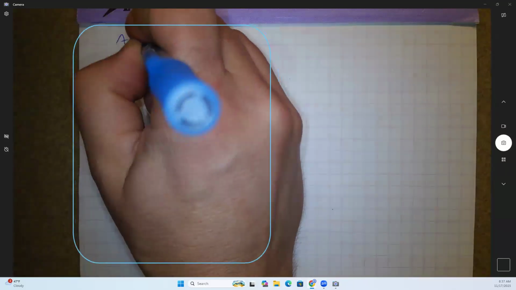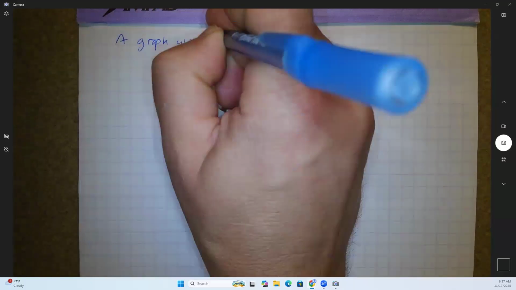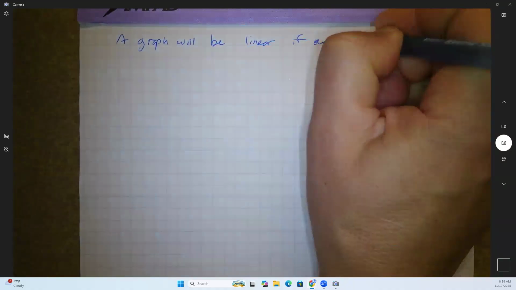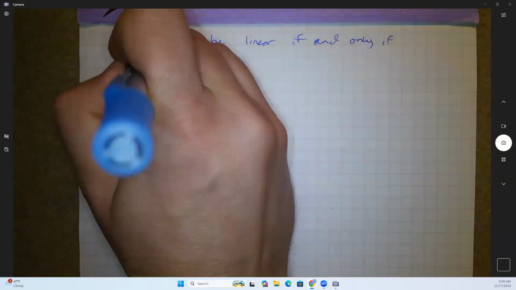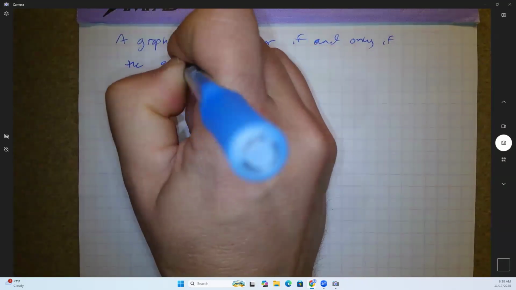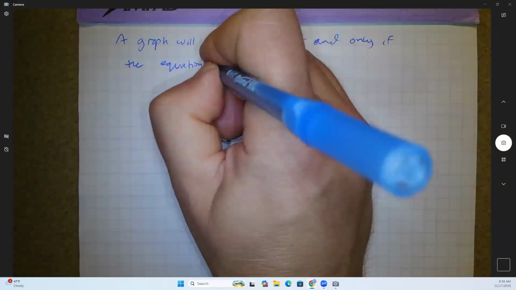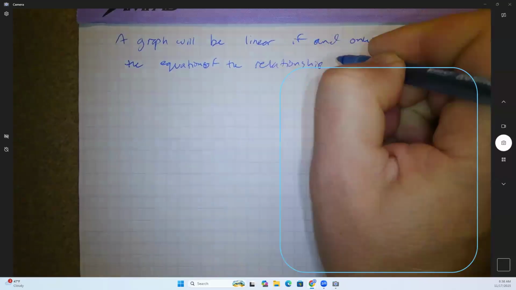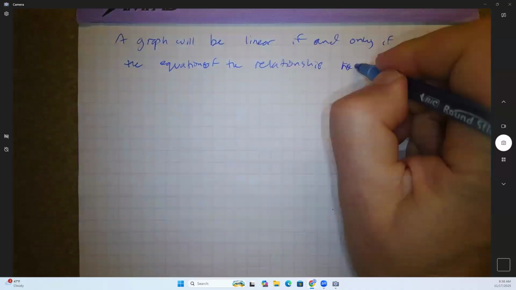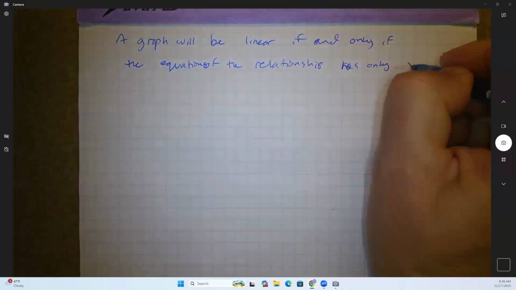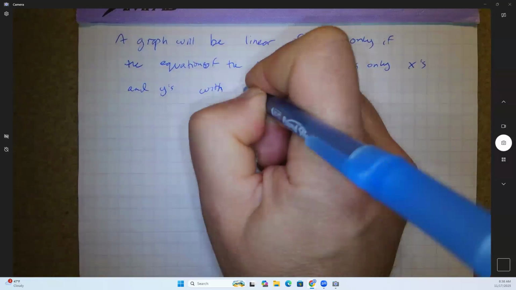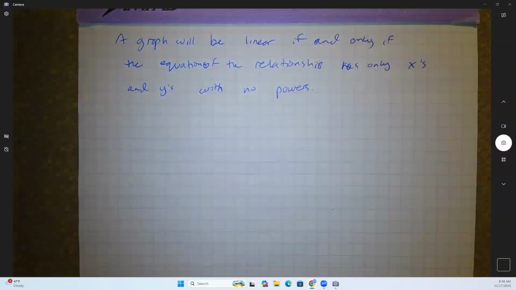As soon as you know a graph is linear, a graph will be linear if and only if the equation of the graph, of the relationship, has only x's and y's with no powers.